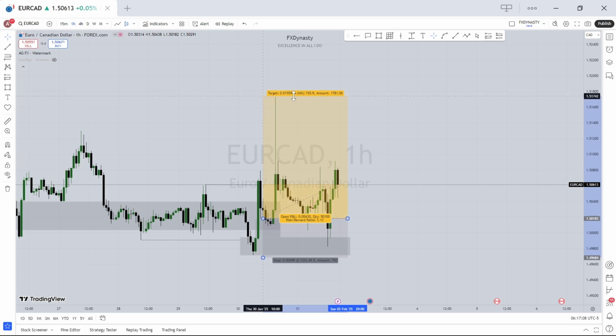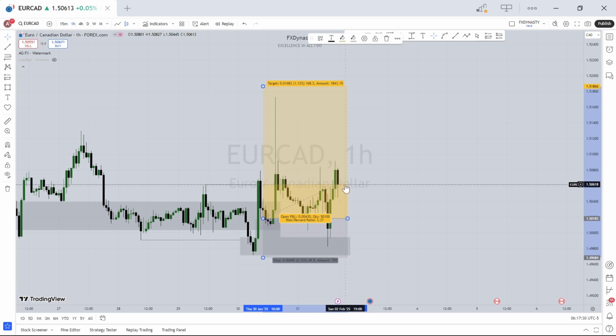I even targeted about 3 pips. Don't know how I did this, but it is what it is. You see, price went about 1 to 3 RR and we didn't close the position and price came back into the range and we are consolidating. Right now we are about 1 to 1 RR.